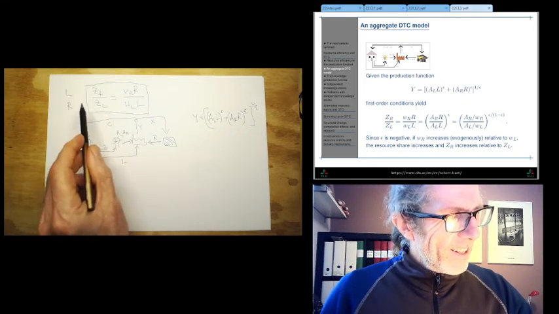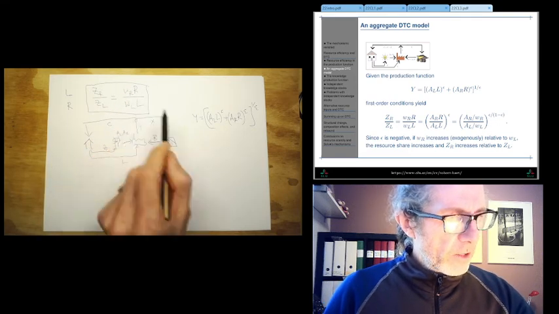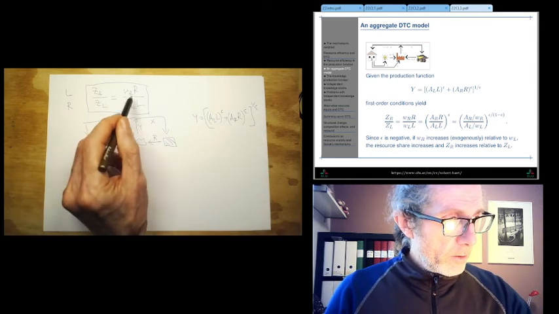So we've got that relative investments are given by the relative factor shares, and we've got this production function, but we don't know these factor shares.